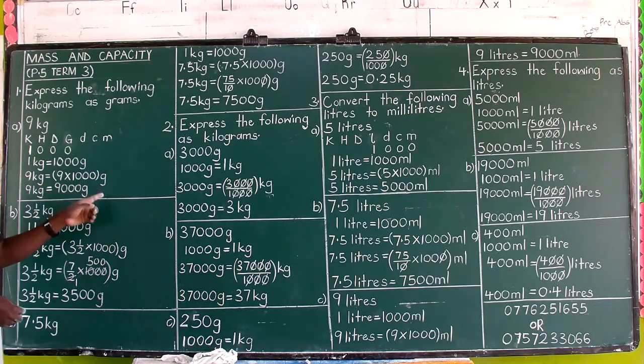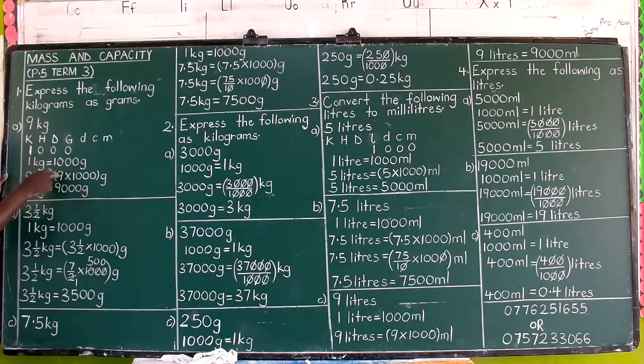That's 9 times 1,000 grams, where 9 times 1 is a 9. Then all the zeros come down in multiplication. All zeros that are involved in a particular number are written down. So we've got 9,000 grams. So 9 kilograms are equivalent to 9,000 grams.